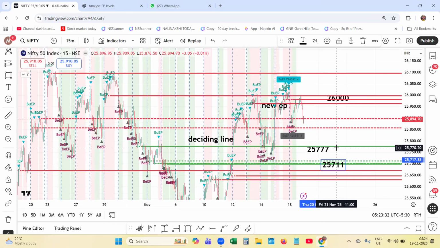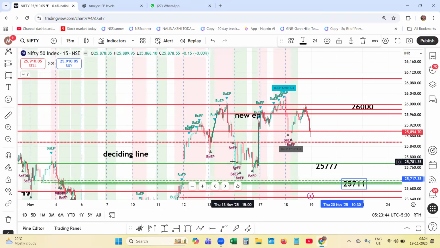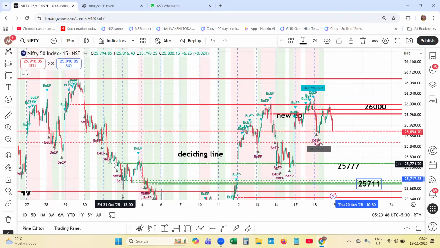It has been shifted from 25,711 to 25,777 because the market came down and a new EP formed. It was a resistance previously on 3rd November and it crossed above and it is retesting and market moved higher.